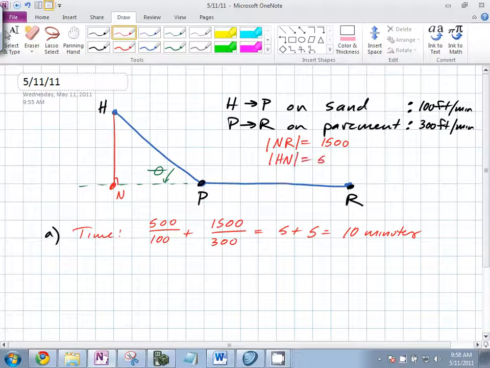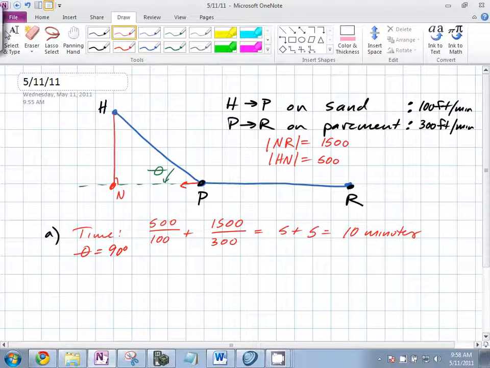So in this case, what's theta? 90 degrees, yes. If you move that point all the way over, theta becomes 90 degrees. So when theta is 90 degrees, it takes how long? 10 minutes.